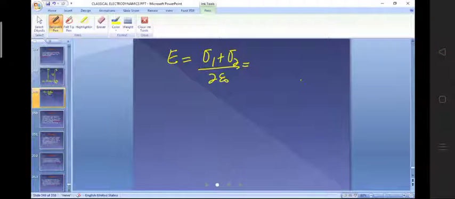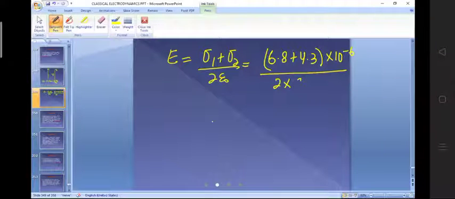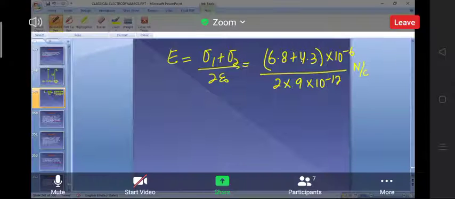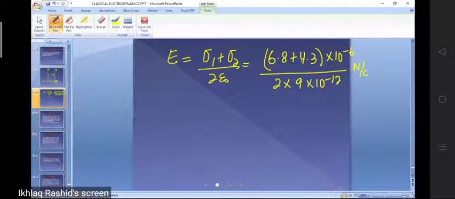The unit is Newton per Coulomb. So the electrostatic field E will be equal to 6.8 plus 4, that is 10.8, approximately 10.